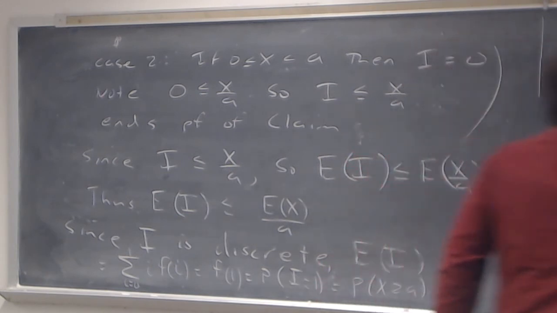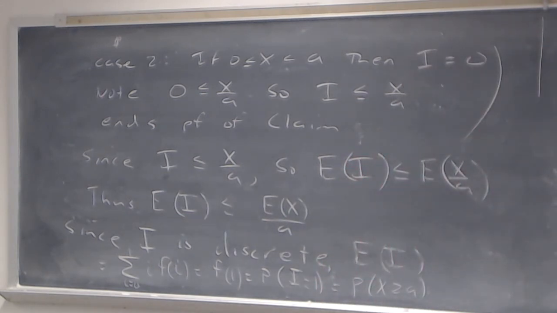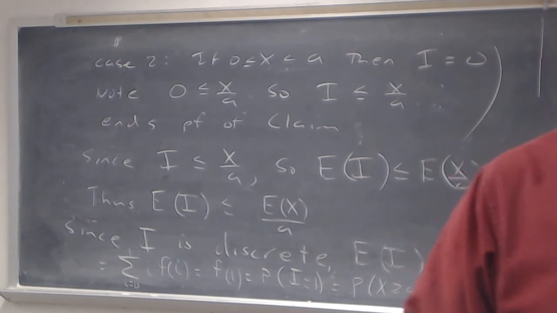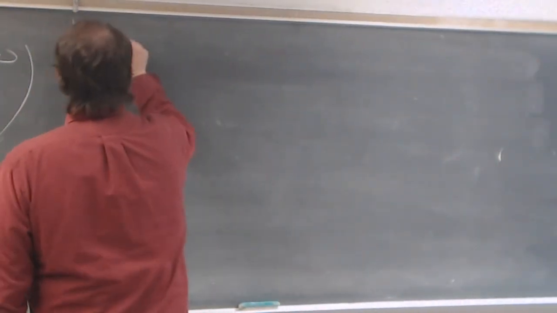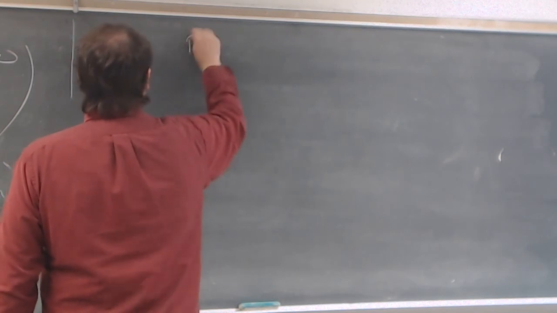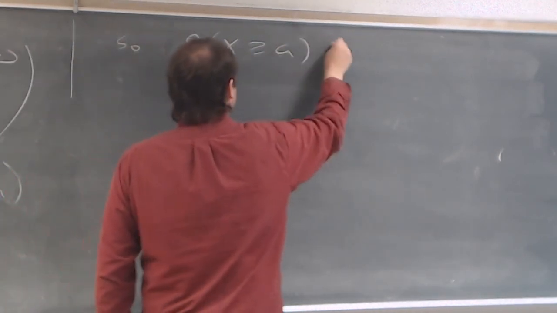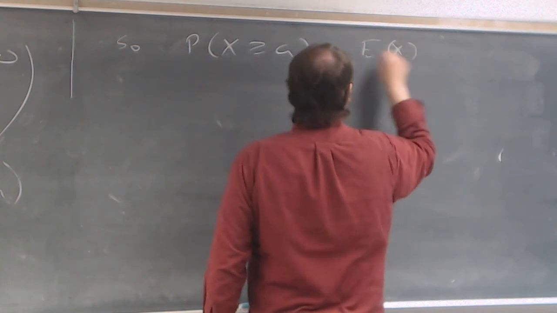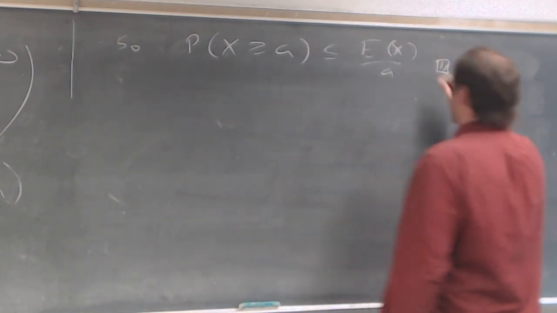So let me write that down. P(x ≥ a) is less than or equal to the expected value of x over a. And that's what we're trying to do.